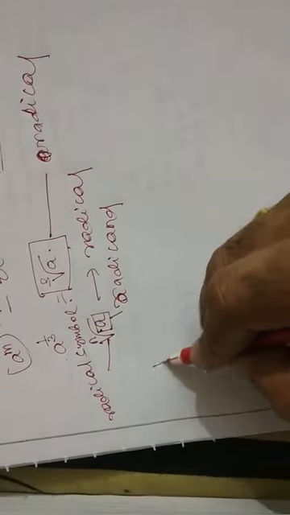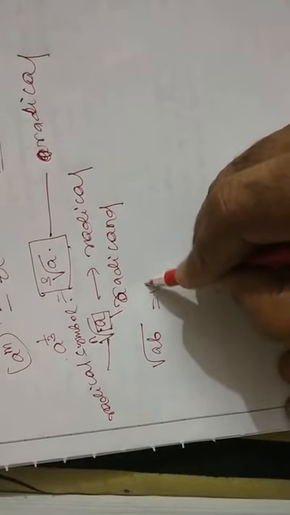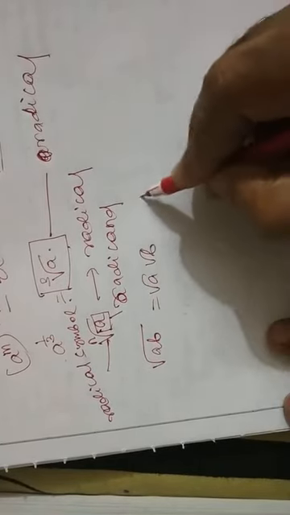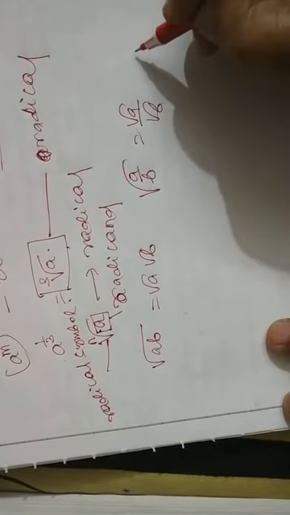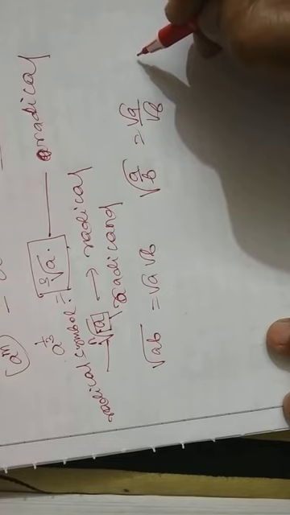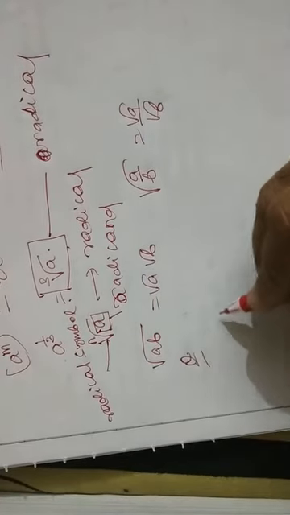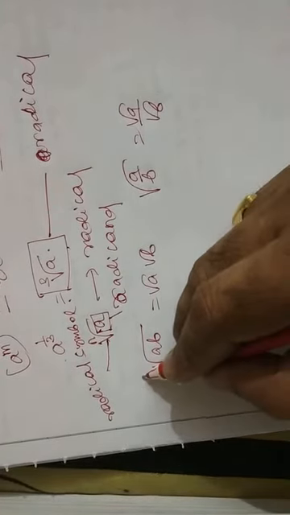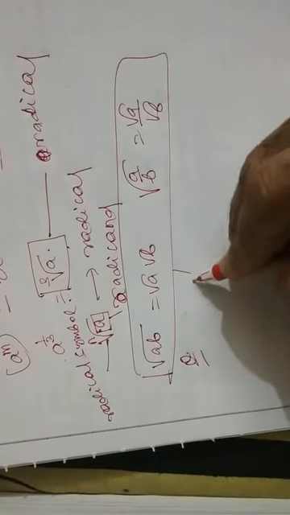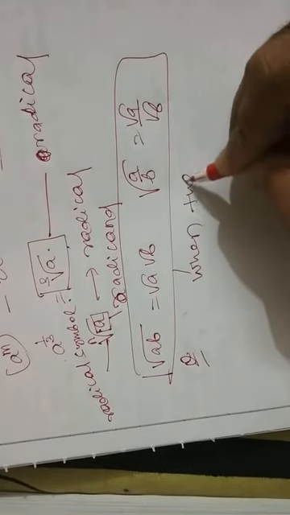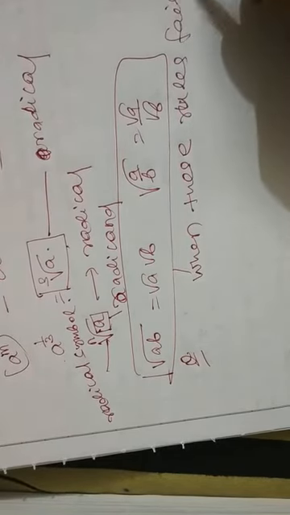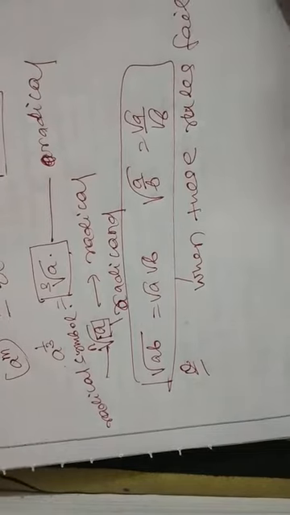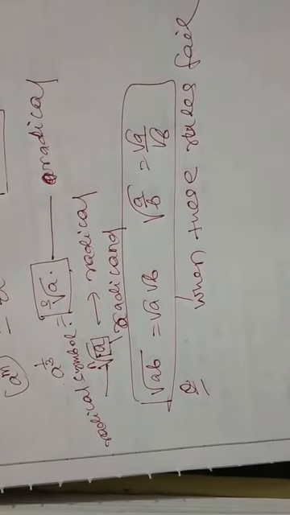Do you know root of ab is root a times root b? The square root of a by b is root a by root b. Do you know this? Now the question is, when will these rules fail? Means in which situation these rules will not work?